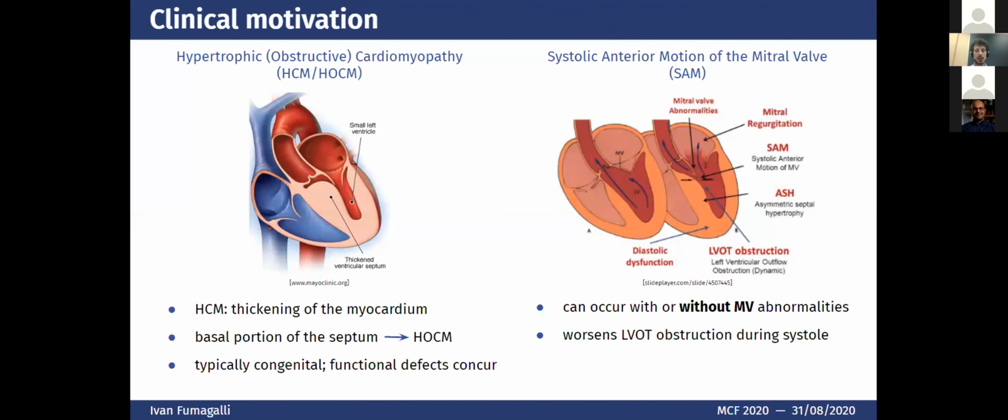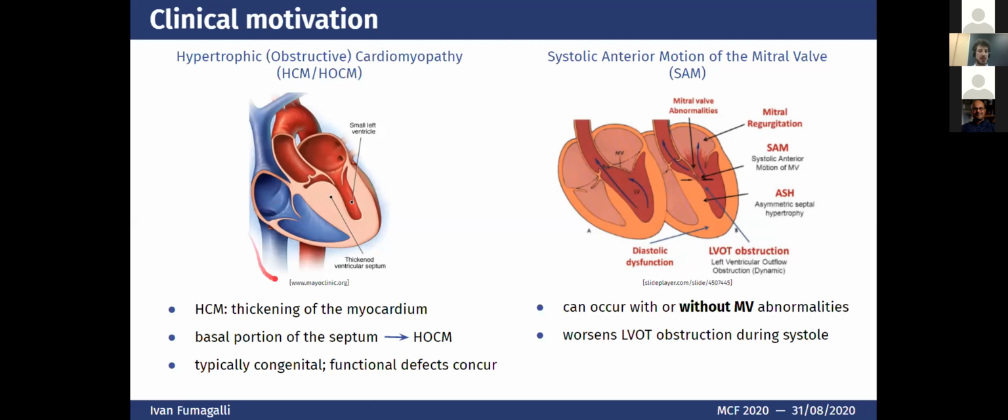Now, the motivation for this work is in the setting of hypertrophic cardiomyopathy, as was described in the previous talk. The framework that we are interested in is the hemodynamical effects of this pathology.